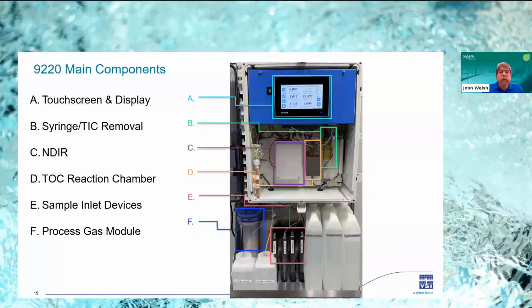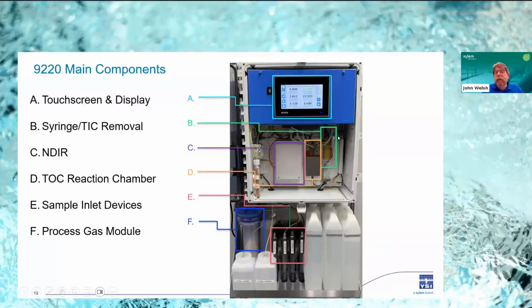The instrument, of course, has to have some way to display the results. And on this instrument, that would be a 7-inch VGA touchscreen display, which serves as the interface between the operator and the instrument.